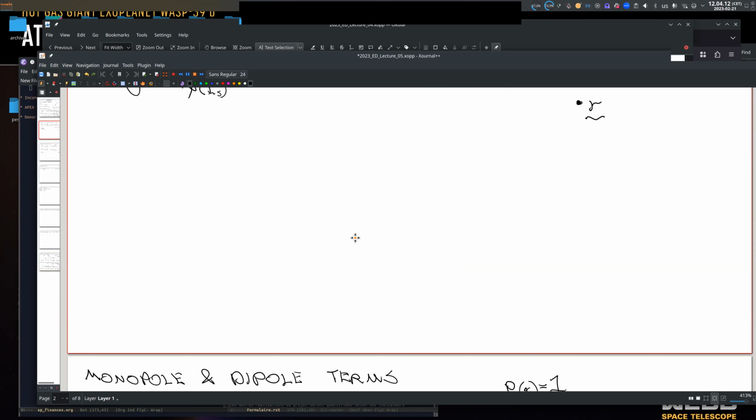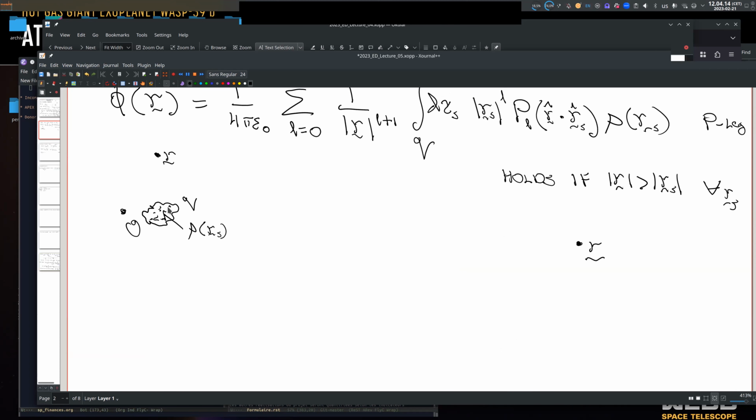Now, it could be that the total charge is 0. It could be that the total charge inside here is distributed in such a way that the total charge is 0, but I still have some left over. So for example, if I have a case where I have my origin here, and let's say I have a tiny distance between a positive charge and a negative charge here, then this blob has 0 total charge.